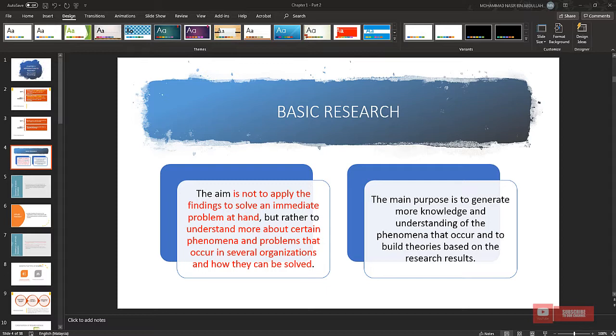Basic research rarely helps practitioners directly with their everyday concerns, but it can stimulate new ways of thinking about our daily life. So basic researchers are more detached and academic in their approach and tend to have their own motives.